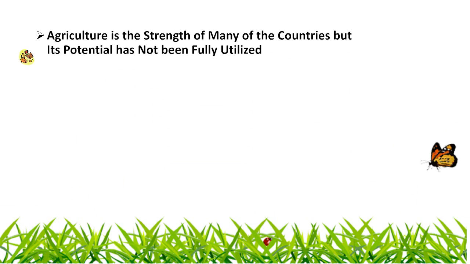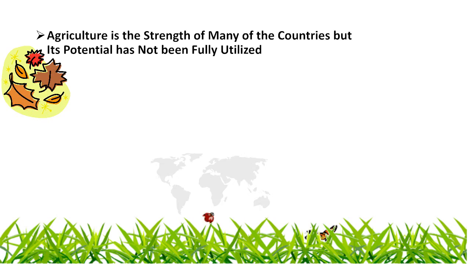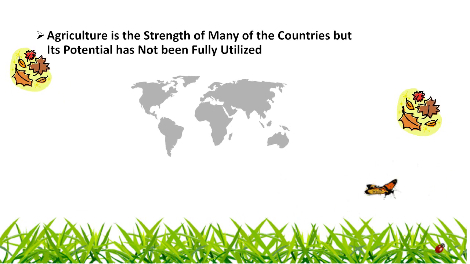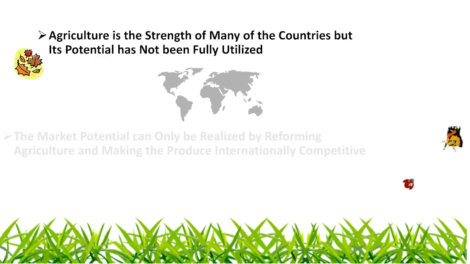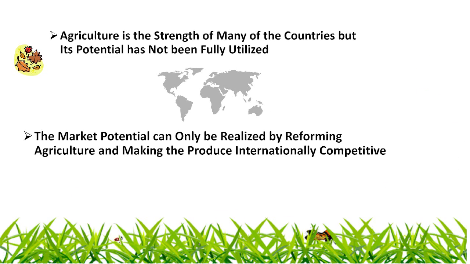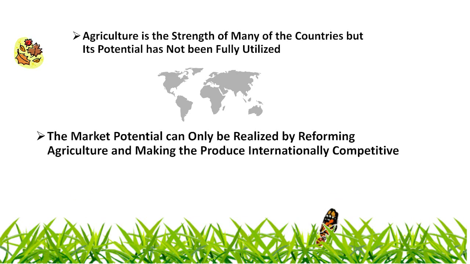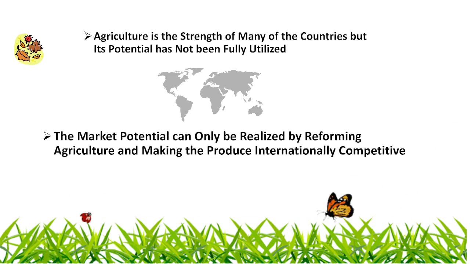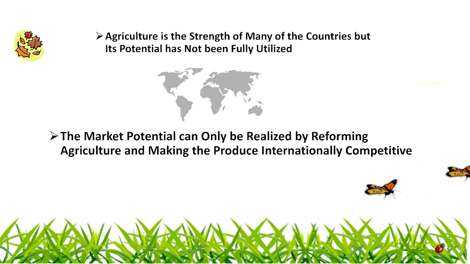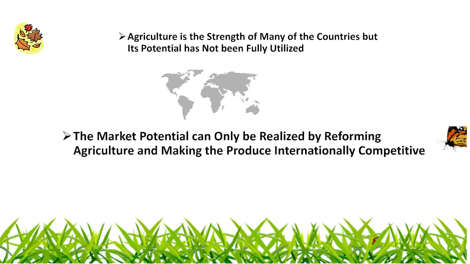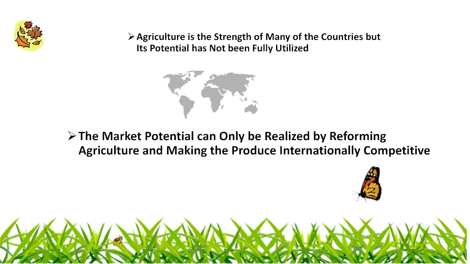We know agriculture is the basic strength of many countries, but its vast potential has not been fully utilized. The market potential of agriculture in the domestic and global region can only be realized by reforming agriculture and making its produce internationally competitive in terms of quality and food safety.